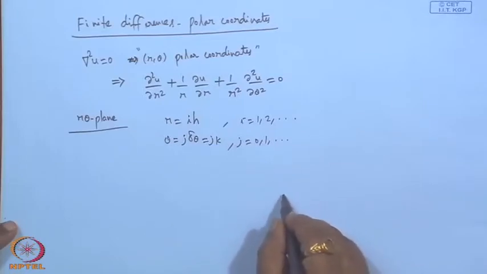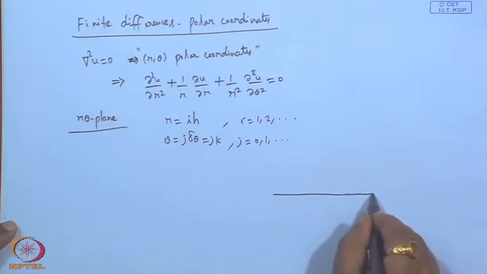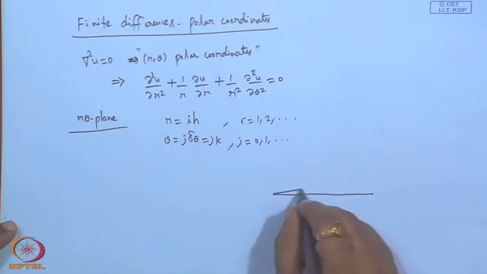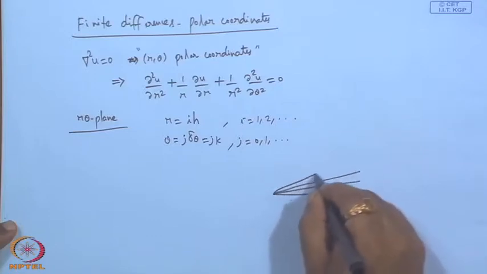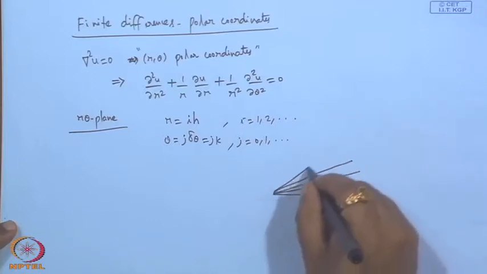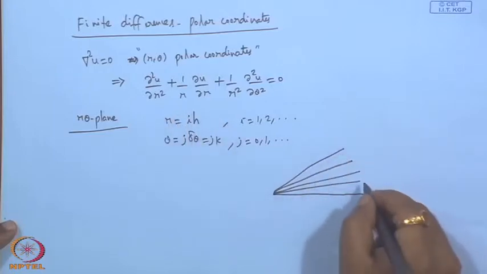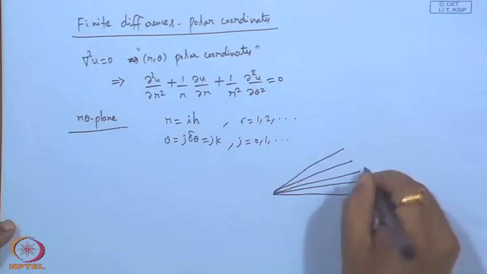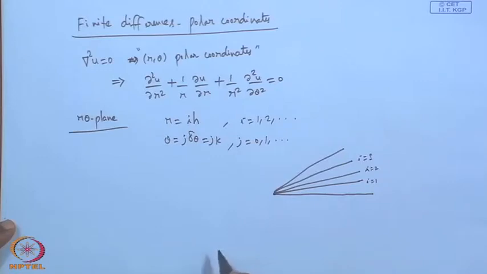The corresponding discretization could be, so R is discretized 1, 2, 3. So, this corresponds to I 1, I 2, I 3, so on.